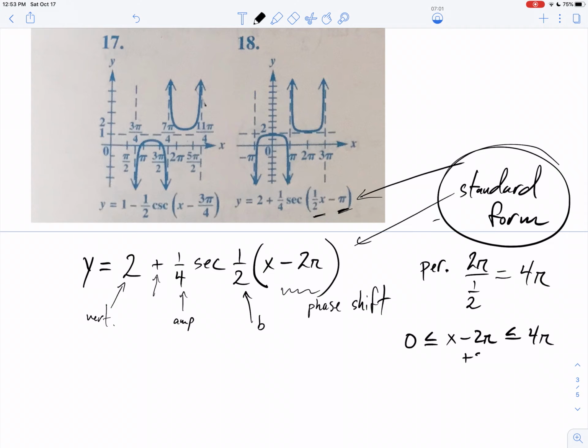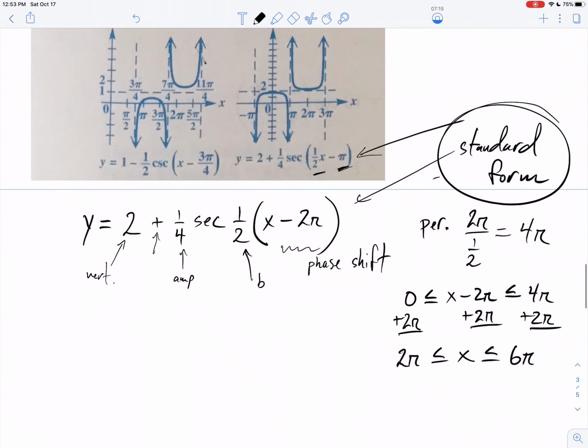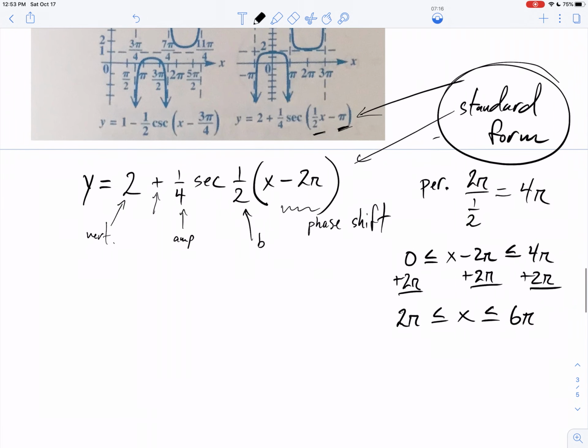So I am going to phase shift my entire graph so that it starts at 2 pi and it ends at 6 pi. But lucky for me, if I take 1/4 of 4 pi, my increments are pi, so I just get to count by 1 pi, 2 pi, 3 pi. That's easy.